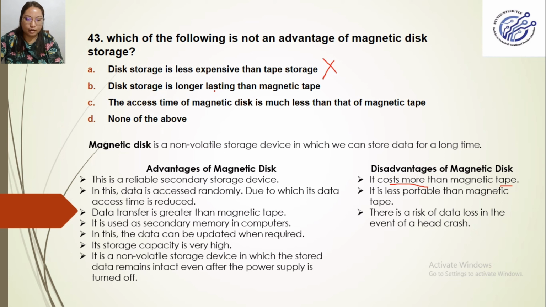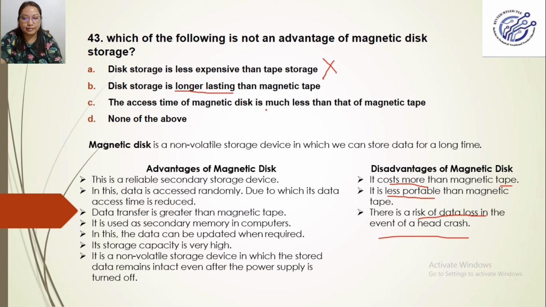Then, this storage is longer lasting than the magnetic tape. So, sabi dito, yung atin daw magnetic disk is less portable. They are at risk of data loss in the event of the head crash. So, hindi daw po, hindi totoo itong longer lasting siya kasi pwede pong mawala yung ating data kung magkakaroon po ng head crash.